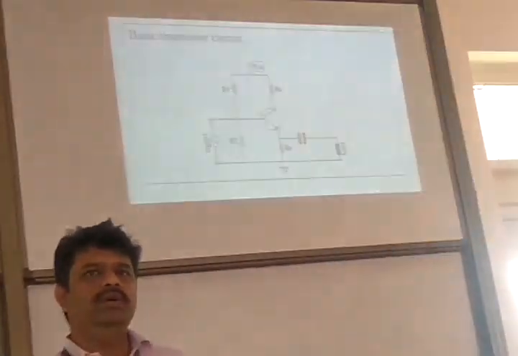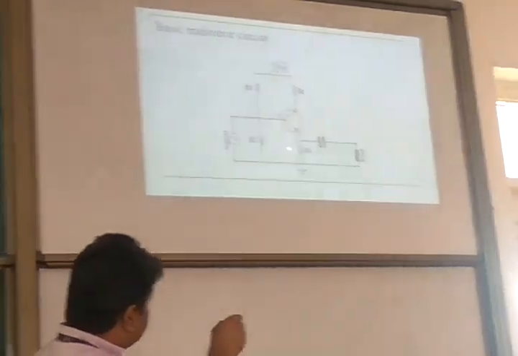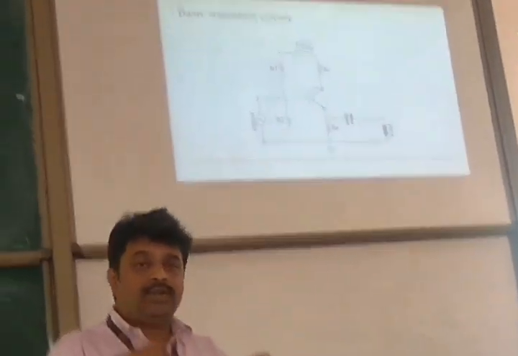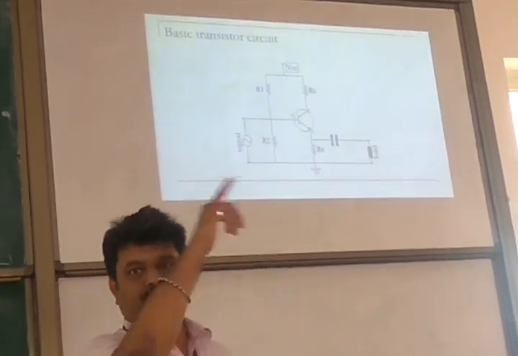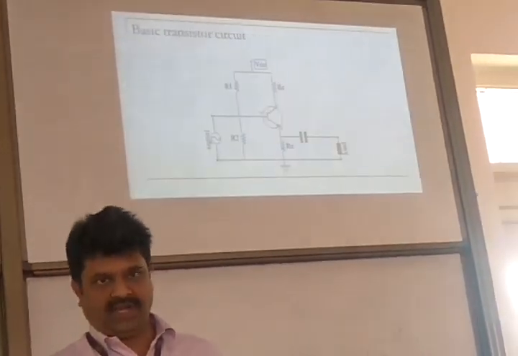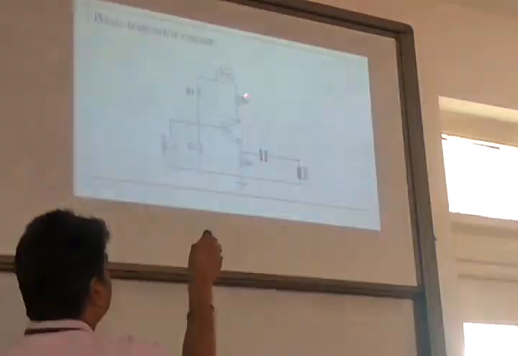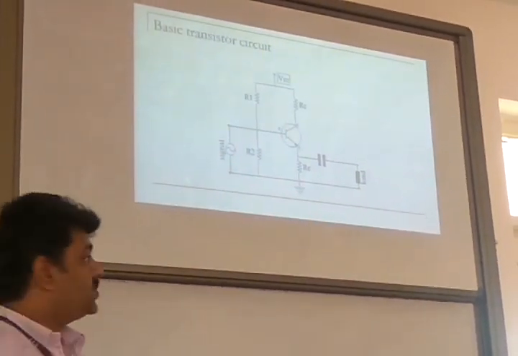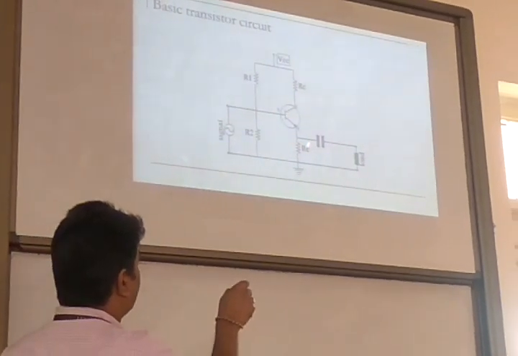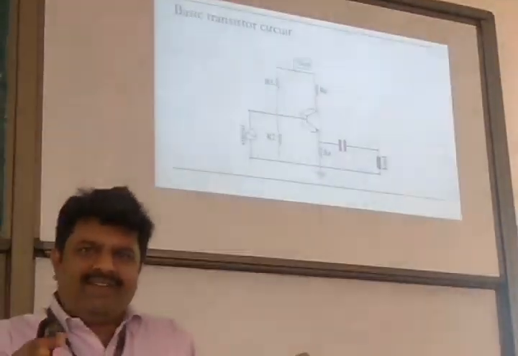The voltage is coming. According to my application, I want to control the amount of voltage that should go to the transistor, according to the design. To control that, I have a resistance. So I have a resistance here, a resistance here, a resistance here, and capacitance here. I think I have given an explanation.